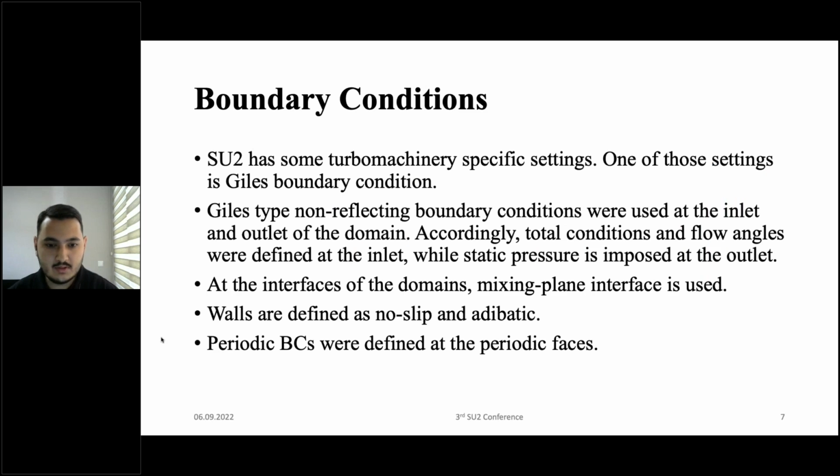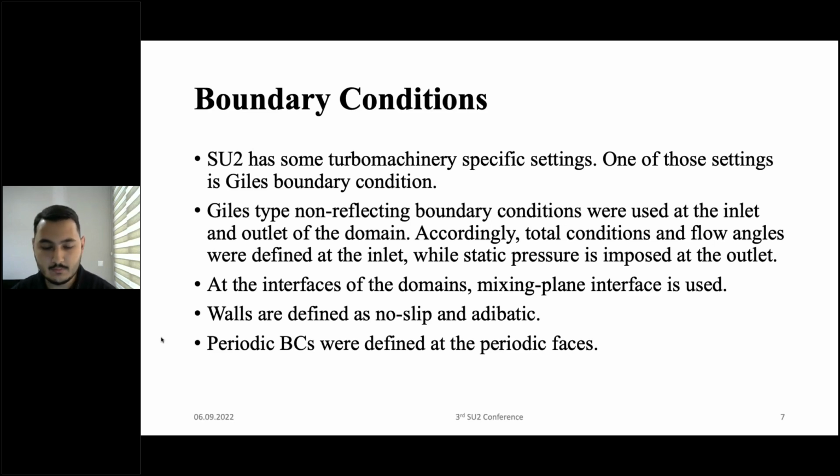For the boundary conditions, SU2 has some turbomachinery specific settings, and one of those is the Giles boundary condition. The Giles type non-reflecting boundary condition is used at the inlet and outlet of the domain, and accordingly, total conditions and flow angles were defined at the inlet, and the static pressure is defined at the outlet.